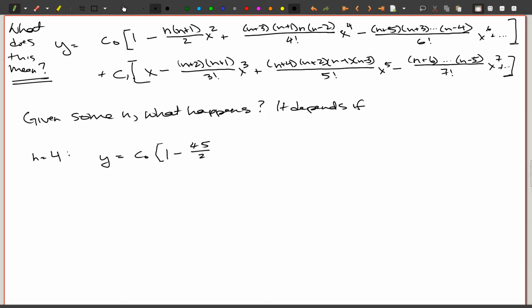So 4 times 5 over 2 x squared plus 7 times 5 times 4 times 2 over 4 factorial x to the 4th, minus 9 times 7, going down until we reach 4 minus 4, which gives us 0 over 6 factorial x to the 6th.